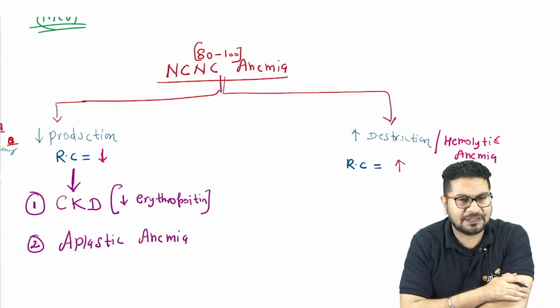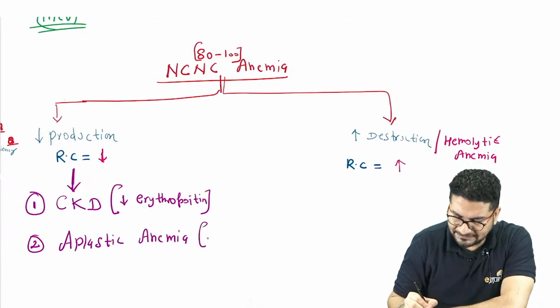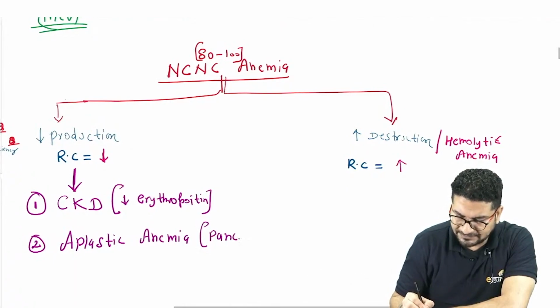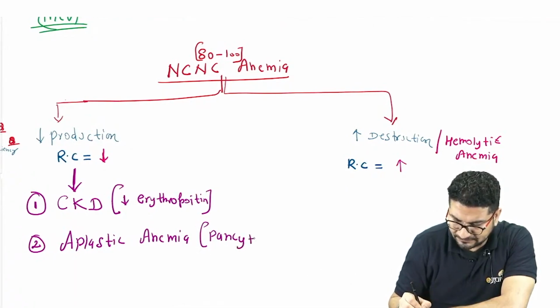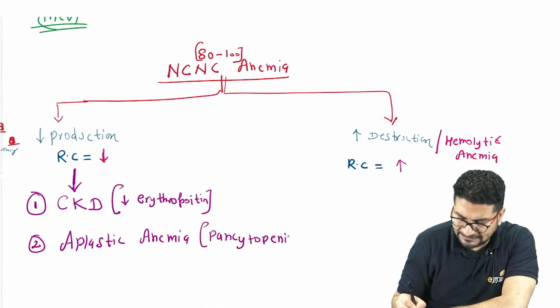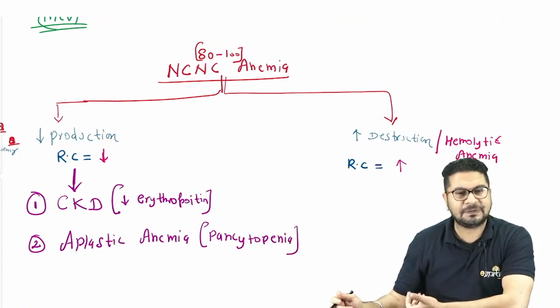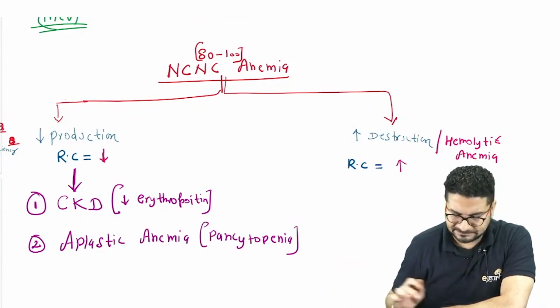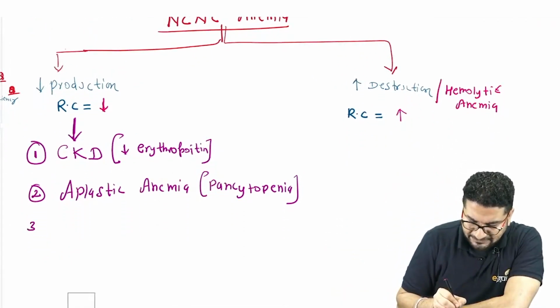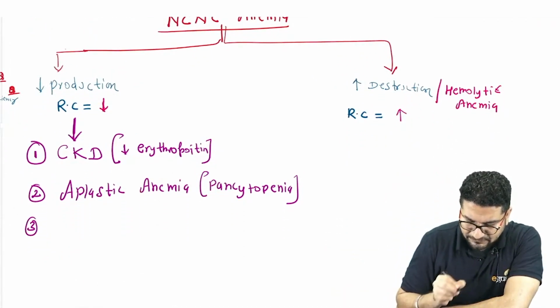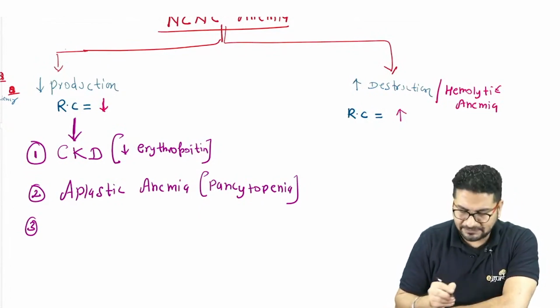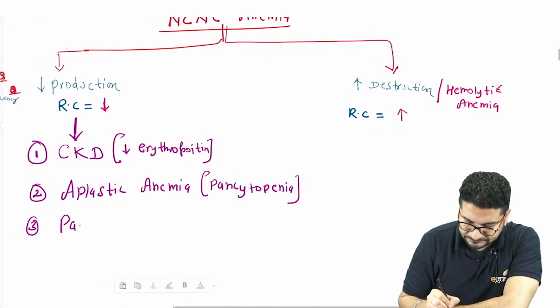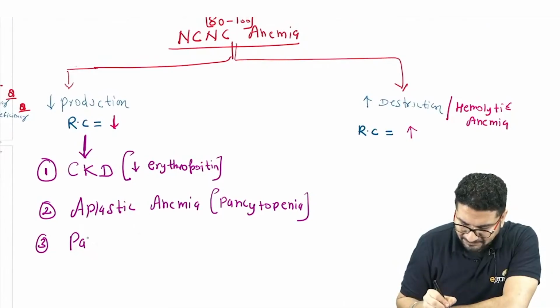In aplastic anemia you will see pancytopenia: RBC, WBC, platelets, all are decreased. There is a virus, the name of this virus is parvovirus B19.